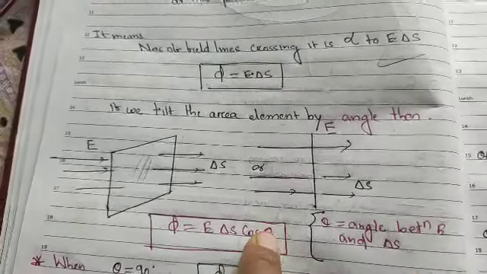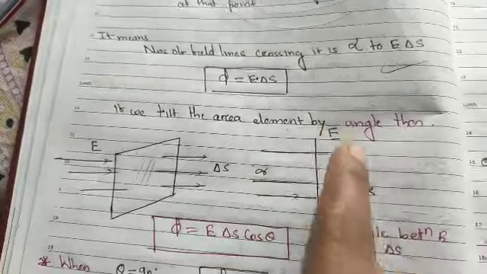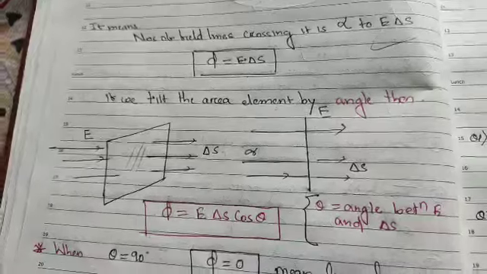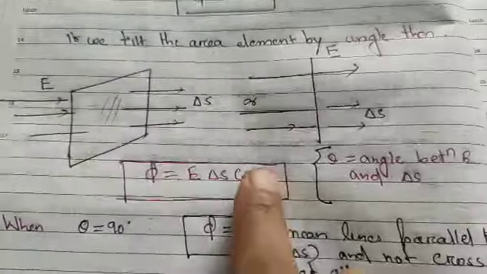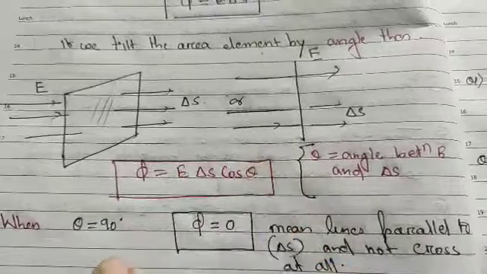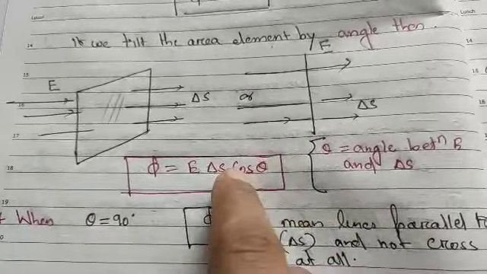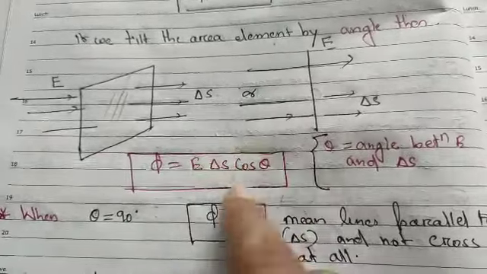Okay, and what is theta? Theta is the angle between the electric field and the cross-sectional area. And here is one thing I must tell you. Suppose I take theta as 90 degrees. What will the flux be, my dear? Yes, cos 90 is 0.